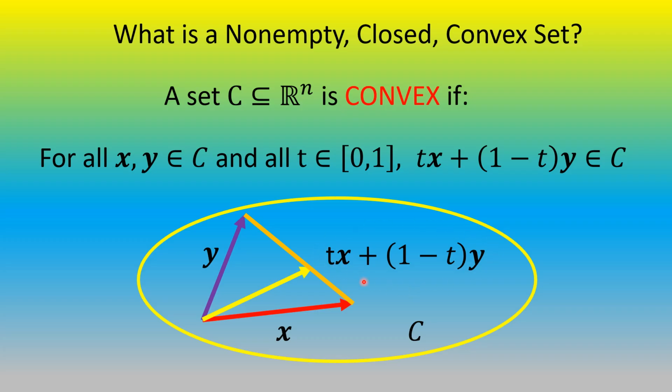And a set C is convex if within that set you can take any 2 points, connect them with this orange line segment, and all of the points on this orange line segment will be in the set as well.